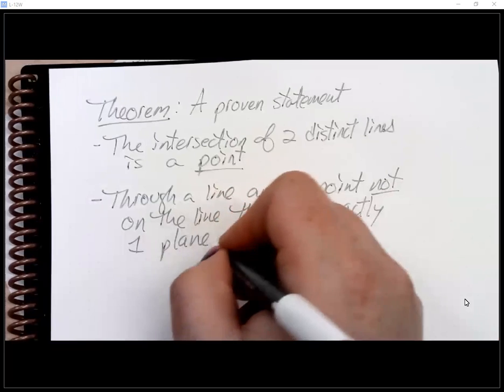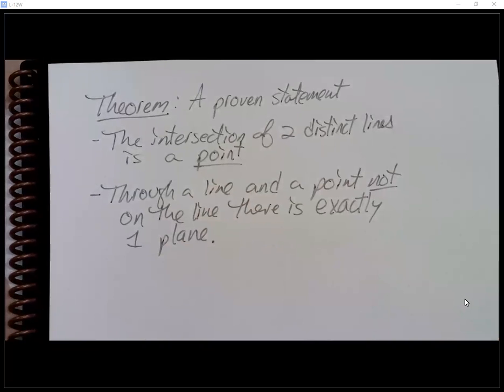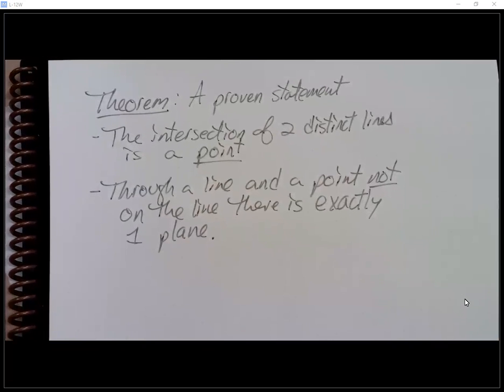All right, let me walk you through what's going on here. Let's say I have a line and a point. So here is my line, here is my point that's not on the line. Couldn't you imagine a plane that connects these two things? Even if I move the point, there's still a plane that connects these two.